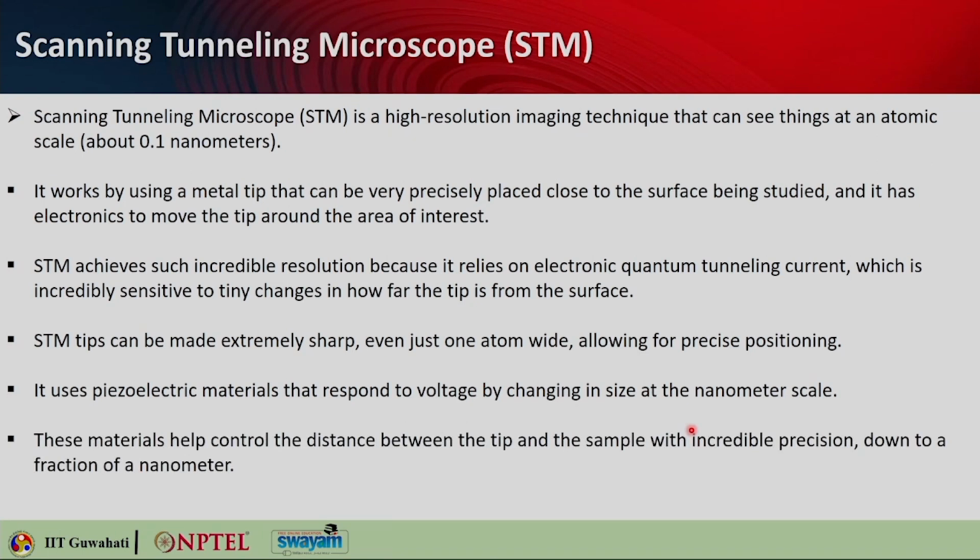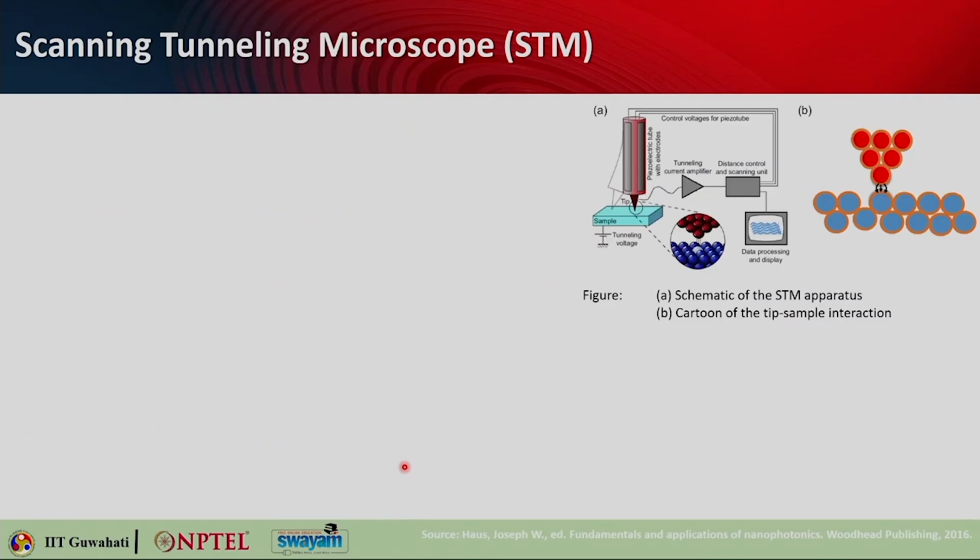We will look into a diagram and then things will be clear. So, these materials help control the distance between the tip and the sample with incredible precision down to a fraction of a nanometer. So, this is how the STM setup looks like. So, this is the tip I was talking about. If you zoom in, you will see that the tip is very sharp, only 1 atom at the tip end, and this is the surface that you are studying.